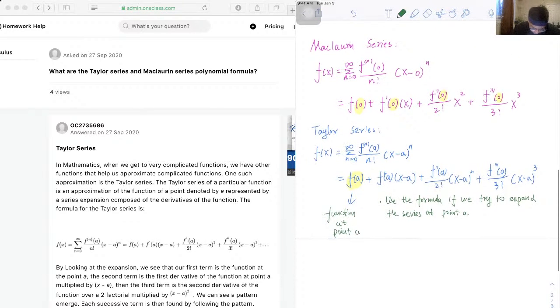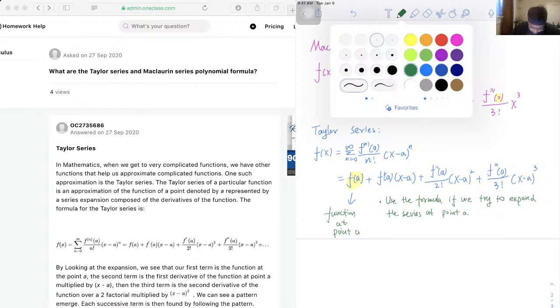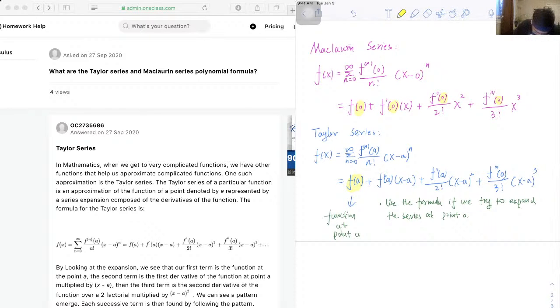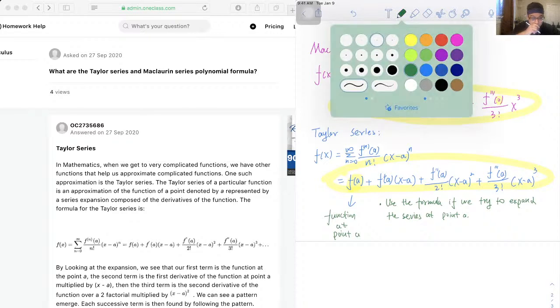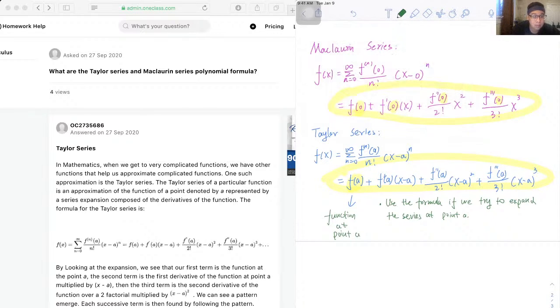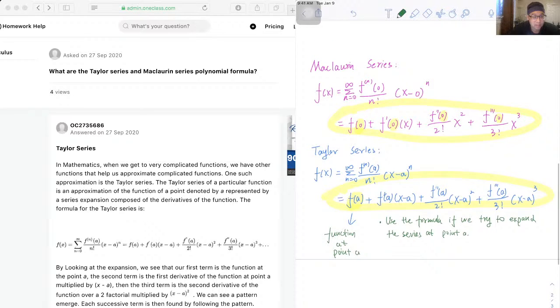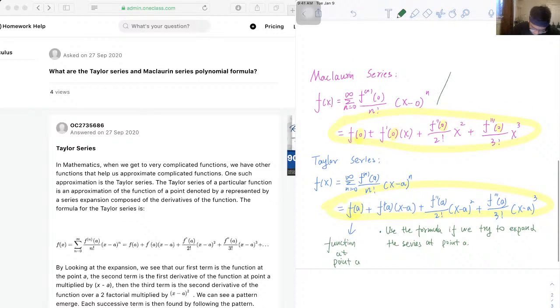Yeah, so after writing these two, we'll focus on this part. You can see the Maclaurin series is just a special case that arises when we take the Taylor series at the point 0.